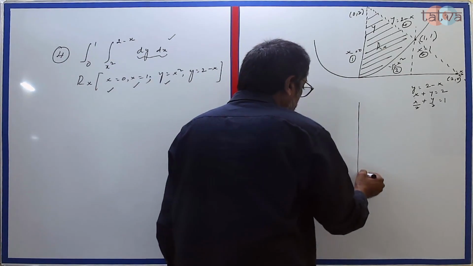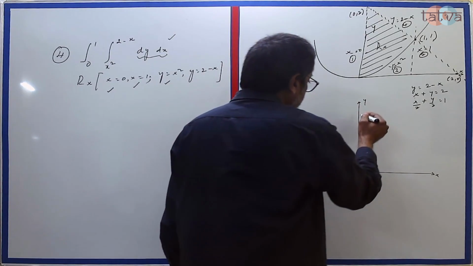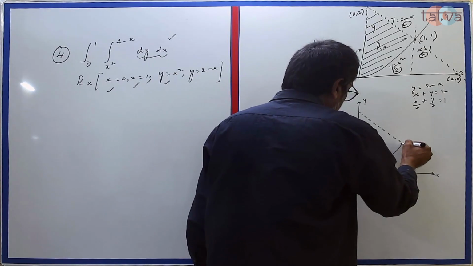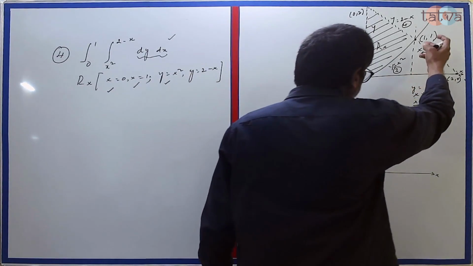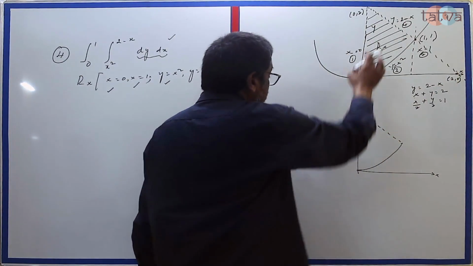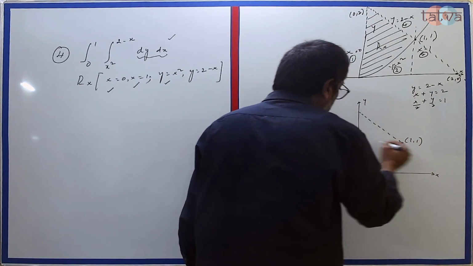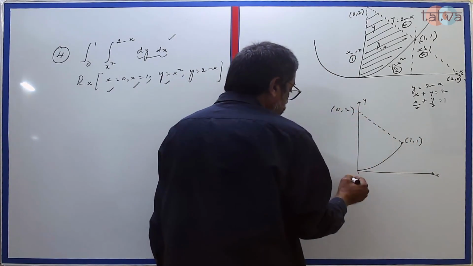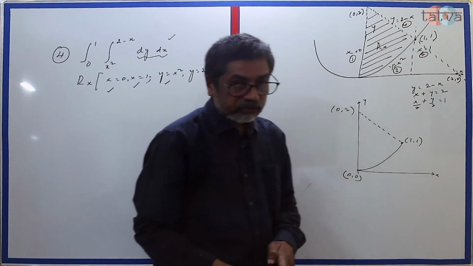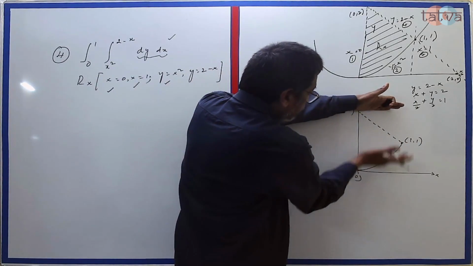So I'm going to redraw the diagram with only the essential parts. I'm not interested in this extended line, or anything else, only this is the region. I just copied it, and then I'll mark the corner points (1, 1), (0, 2), (0, 0), and I'll try to see this region within horizontal lines drawn at the extreme bottom and extreme top.